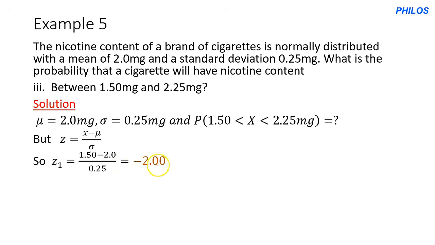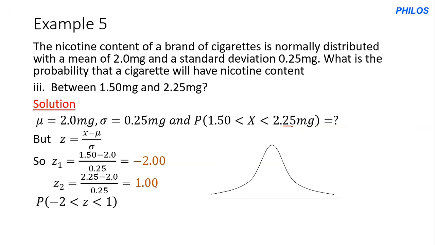And that will give us negative 2.00. And then we find the second z also. The second z should be the second x here, that is 2.25, minus the mean divided by standard deviation. When you put that on your calculator, you get 1.00. So it means we are finding the area between z-scores of 1 and negative 2.